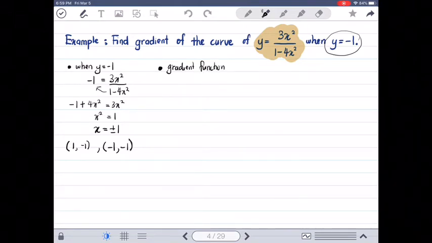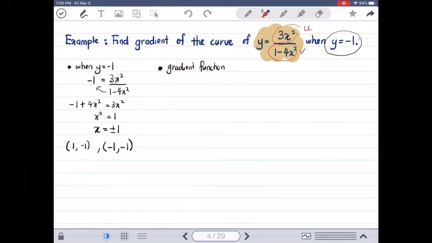Which is just dy over dx. Okay, so in this case we need to use the quotient rule since we have division. So we let this be our u and this be our v.